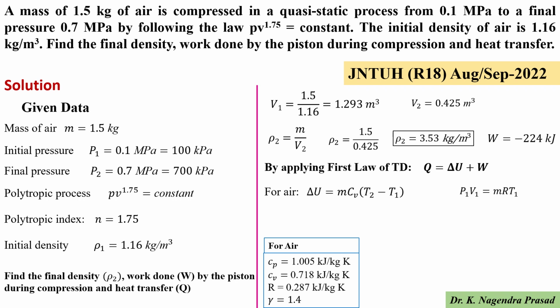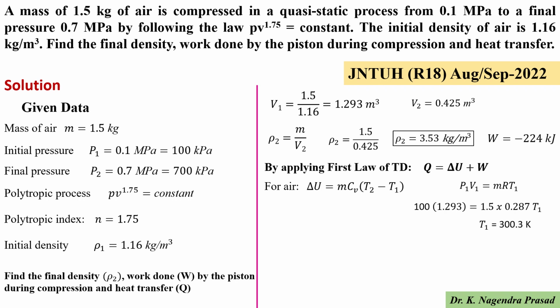R value is 0.287 kilojoule per kg Kelvin and gamma is 1.4. To determine the T1 value, we know P1, V1, m and R. Substitute all these values, we will get T1 equal to 300.3 Kelvin. So we know the T1 value. Next we have to determine the T2 value.